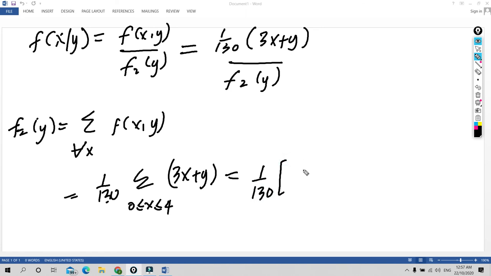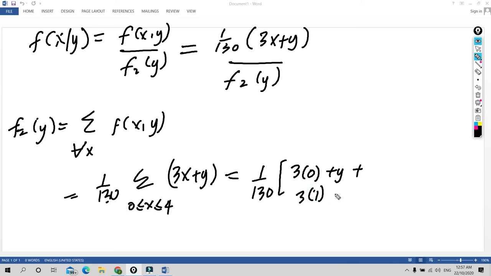So I have here 3 multiplied by 0 plus y, plus 3 multiplied by 1 plus y. We do the same process as we did before, so if you don't want to do this, you can just pick up the example from before.